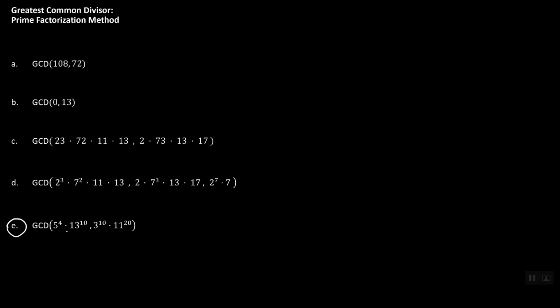Now, each one of these numbers has multiple factors of the same prime numbers, meaning 5^4 has 4 factors of 5 in it, 13^10 has 10 factors of 13, but notice that 5 and 13 do not show up in our second number. 3 and 11 are the only factors in that second number, and they don't show up in our first number, which means they have no common factors.